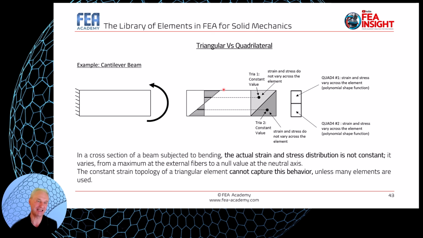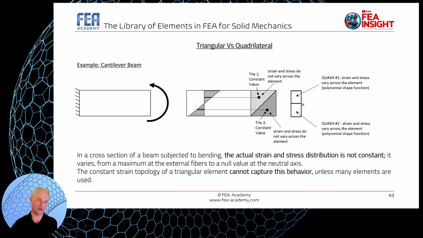So you completely miss this variation. In other words, in order to capture this linear variation with triangular elements, and in order to capture each value, you will need to have a lot of elements, because the strain inside the triangular element is constant.